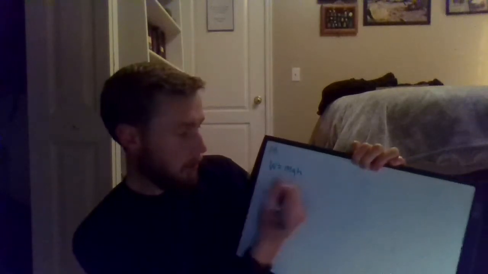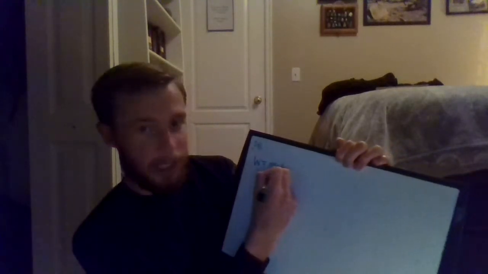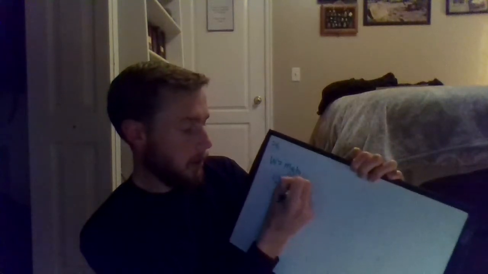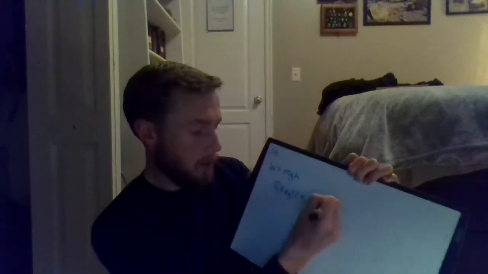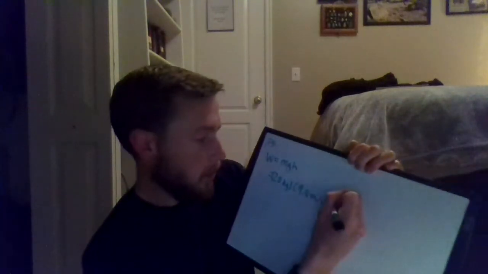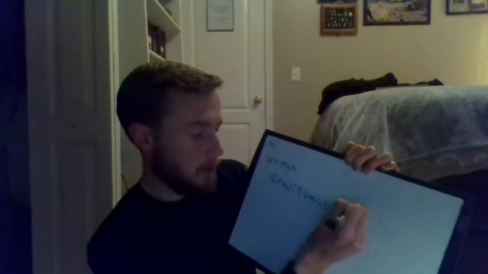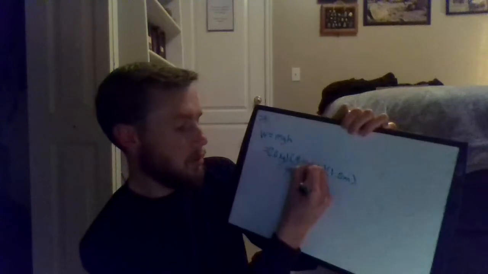So the mass is going to be 20 kilograms times the acceleration of gravity, 9.8, times the height it is raised, which is 1 meter. And that equals 196 joules.